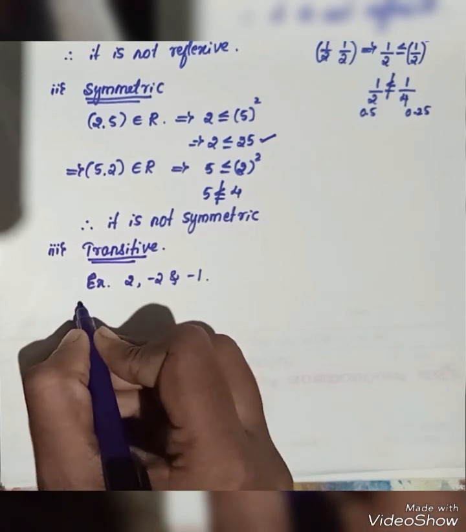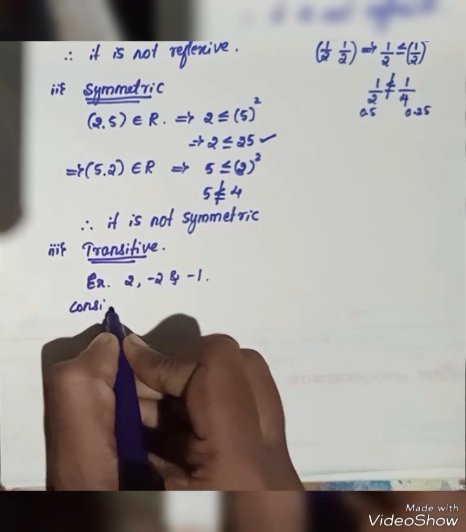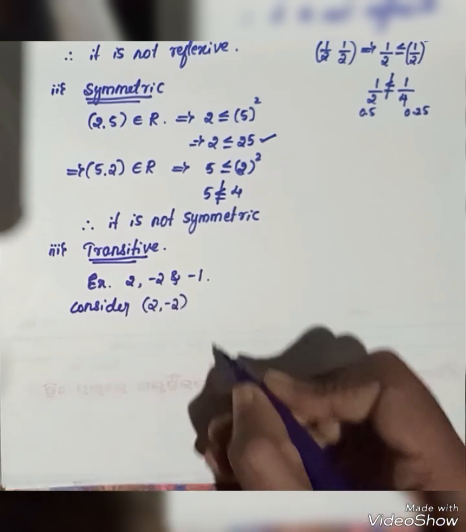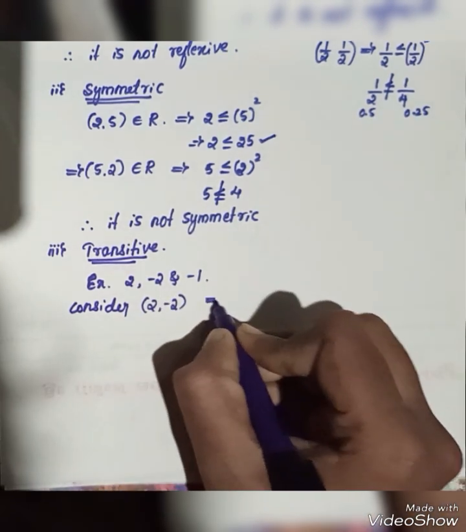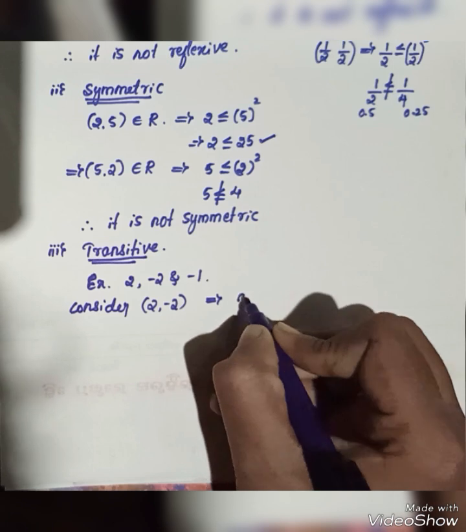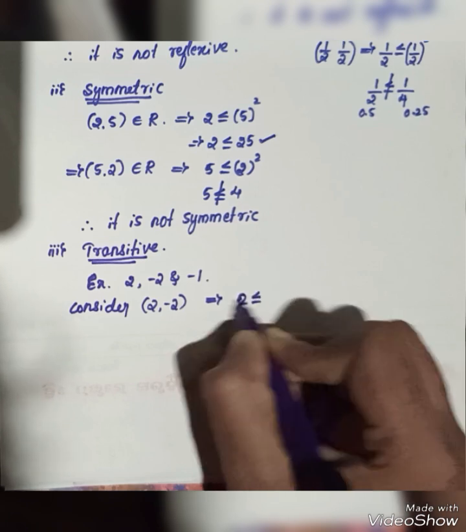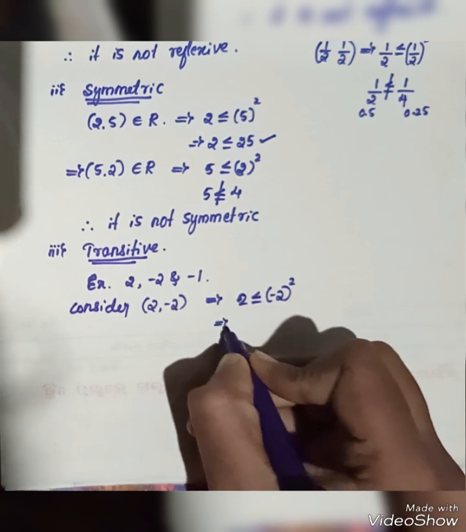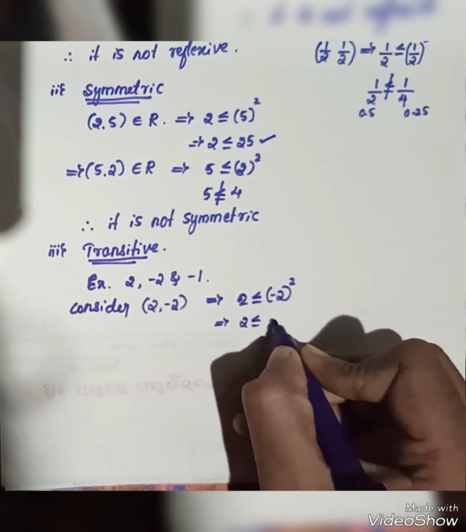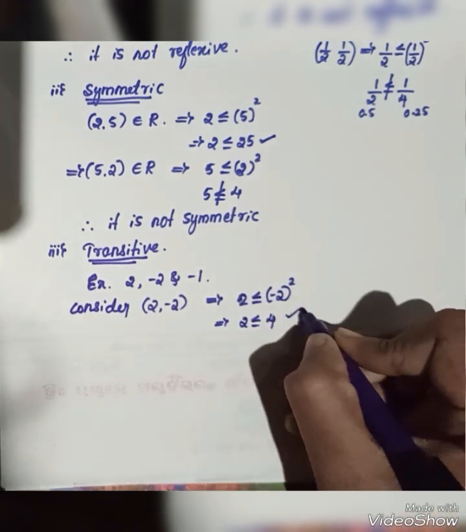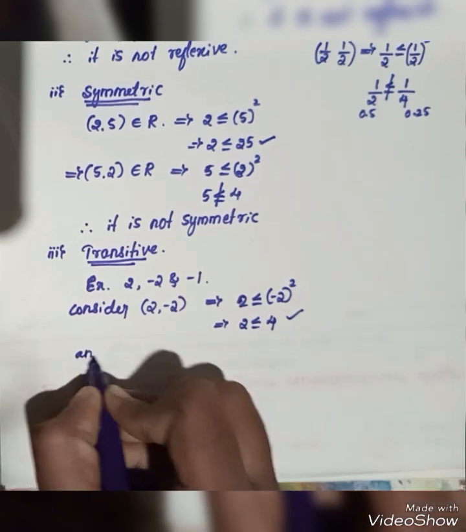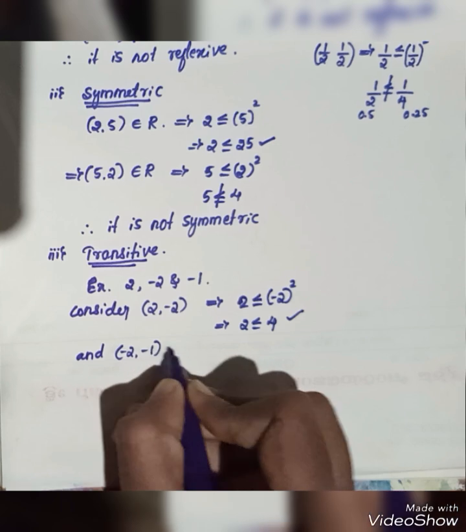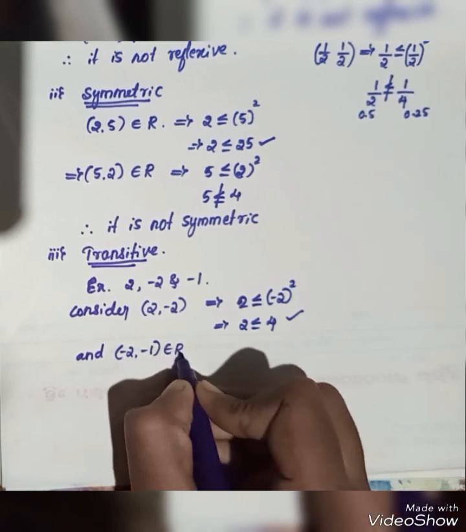First consider 2 comma minus 2. Here A becomes 2, less than or equal to minus 2 square. That is, 2 is less than or equal to 4. The condition is satisfied. And consider minus 2 comma minus 1, which belongs to R.